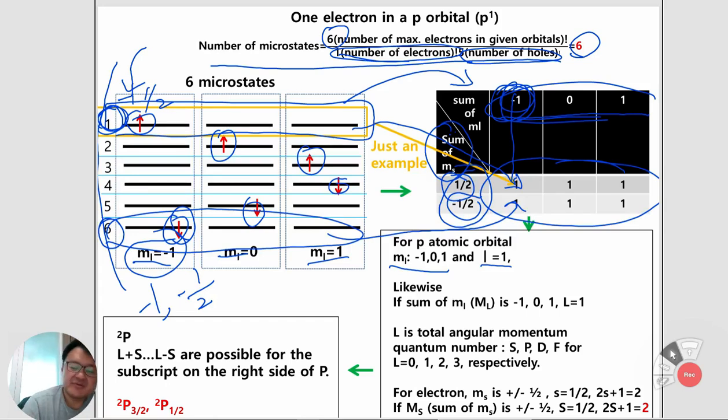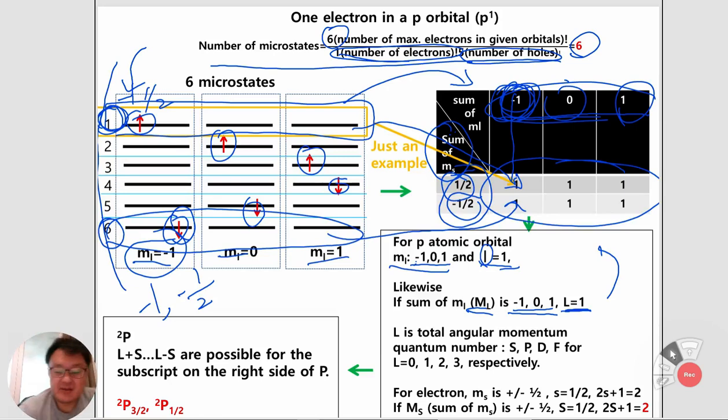Anyhow, the sum of ml, the capital ML, is minus 1, 0, and 1 in this case. If small ml would be minus 1, 0, 1, then small l would be 1. So if capital ML would be minus 1, 0, 1, then the total orbital angular momentum, capital L, should be 1. They have some analogy, right?